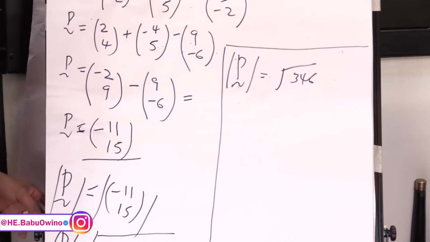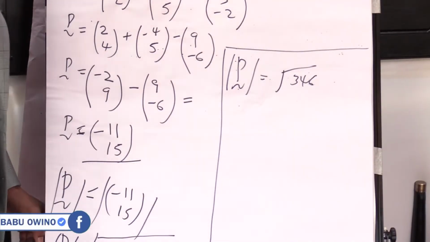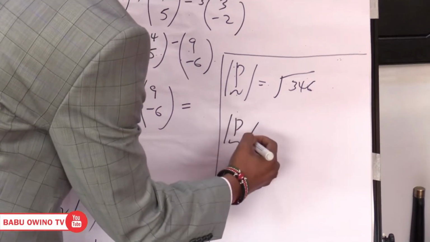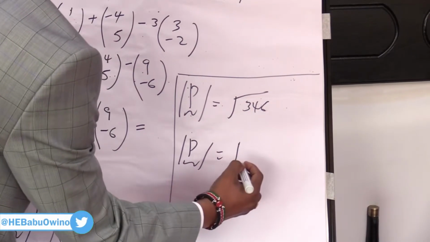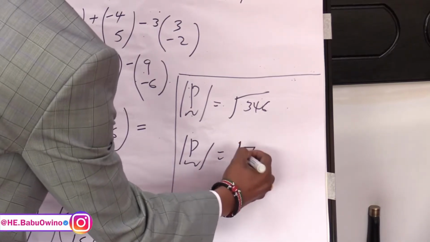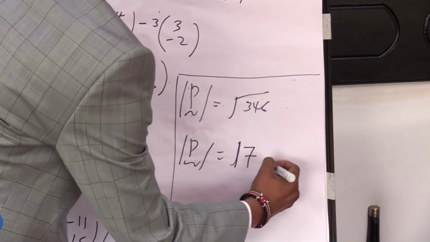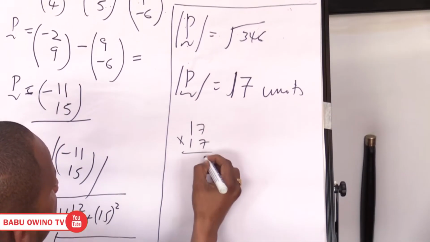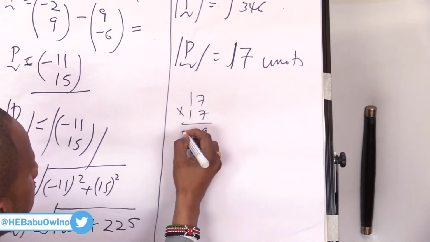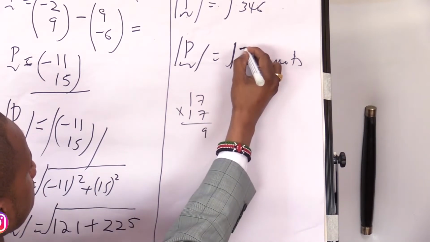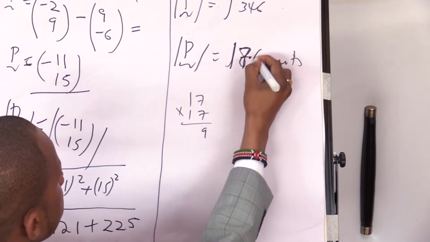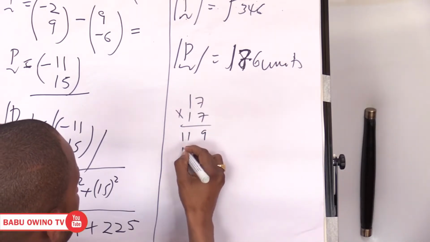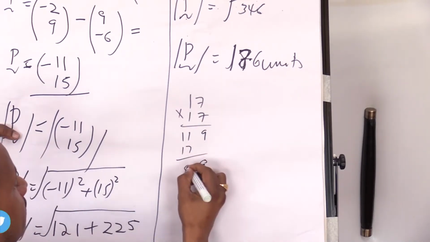This is 17. Is it? Just find out the square root of 346. 17, it should be that. The square root, this comes to 17 units. 17 times 17 is 289.